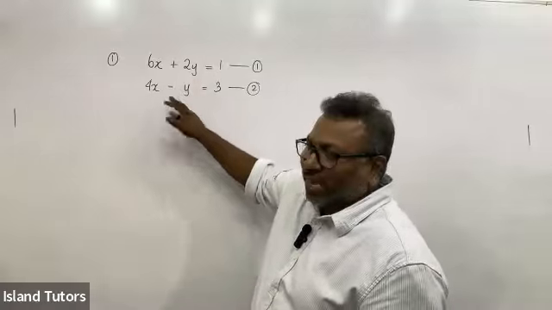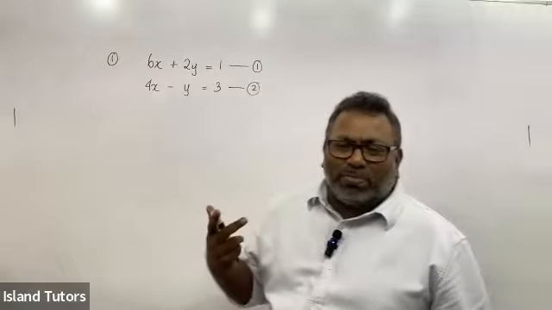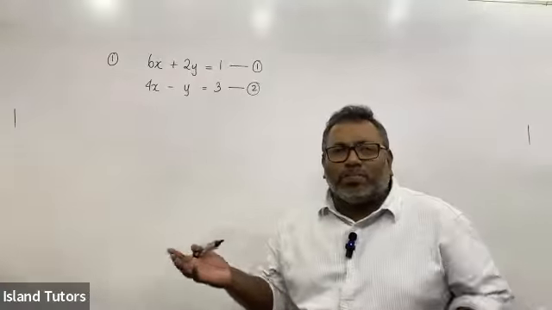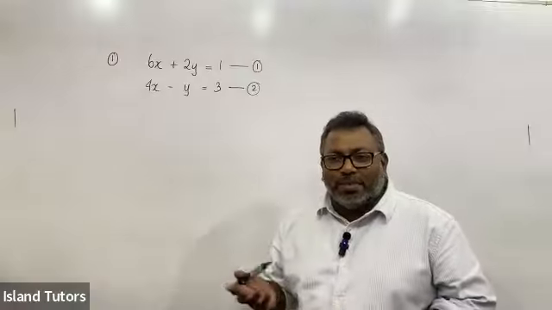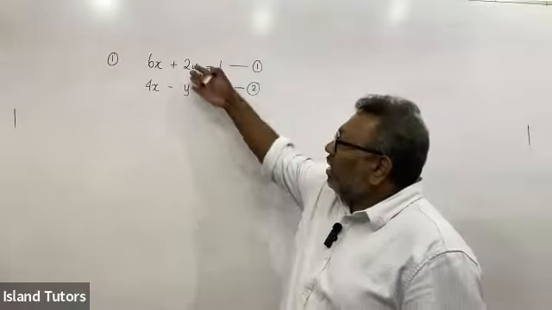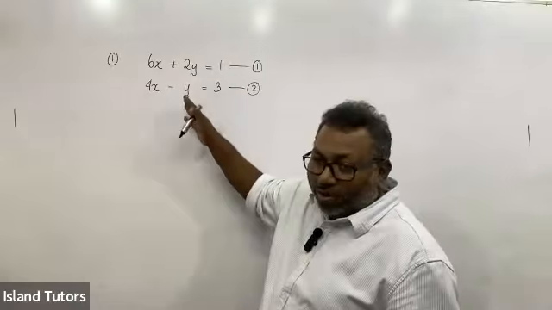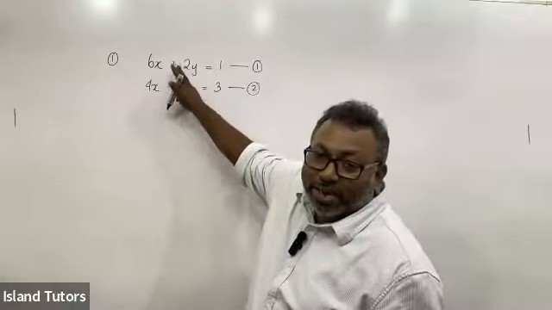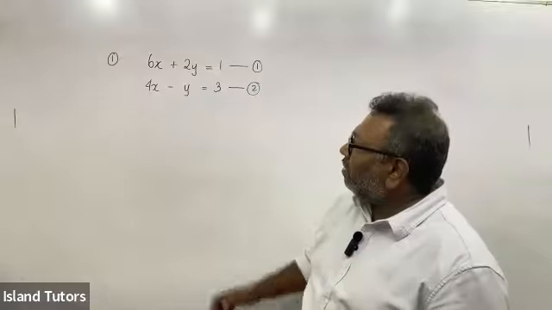So 2y and 1y, what is the lowest common multiple? Because it's like doing fractions. When you subtract fractions, you have to make the denominators the same. The same rule you apply here also. In order to subtract these two equations, you have to make the coefficient the same. To make the coefficient the same, we have to find the LCM, the lowest common multiple.